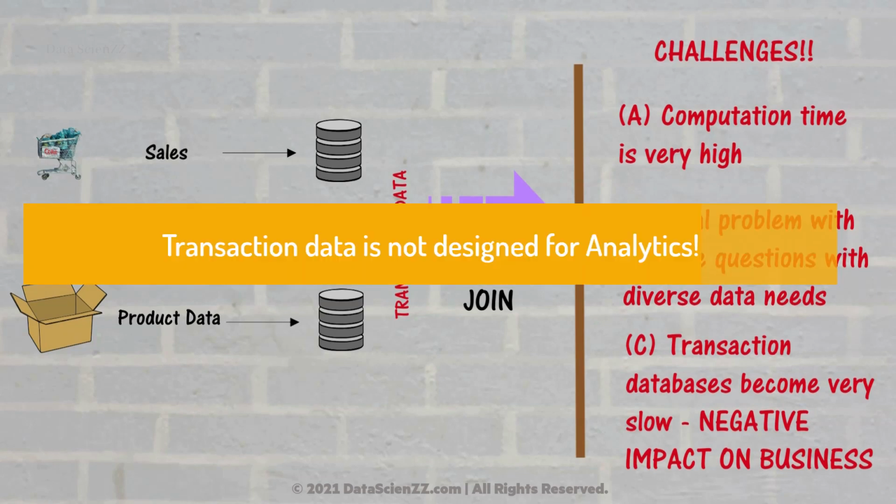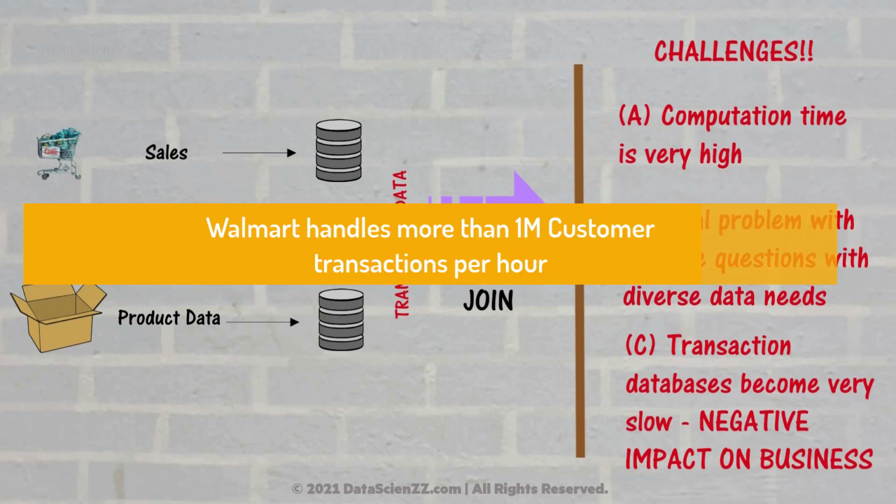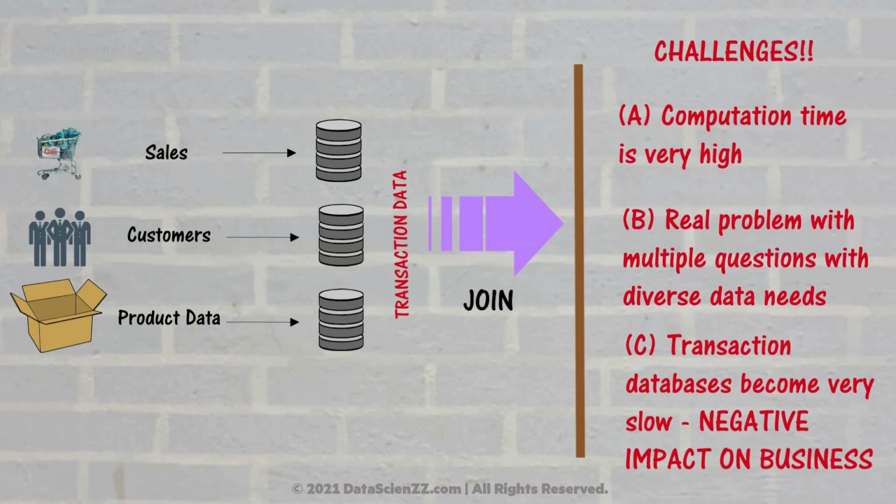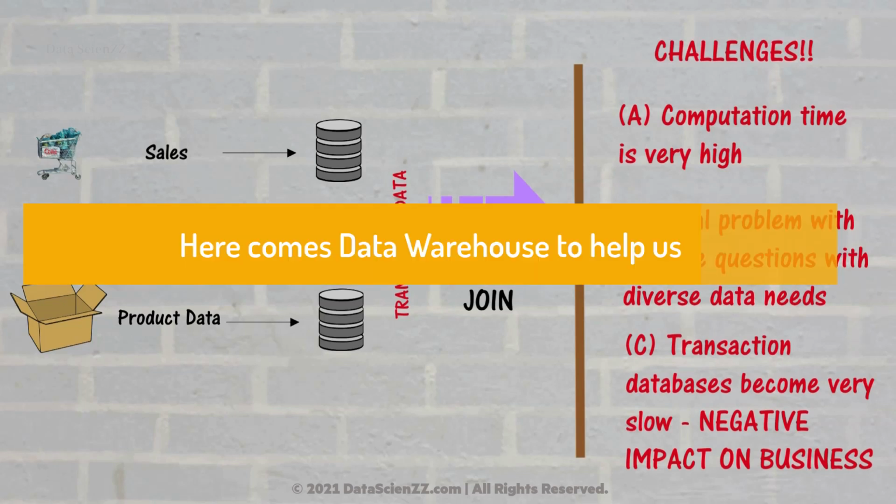After all, transaction data is not designed for analytical purposes. Just to give a sense, Walmart has more than 1 million customer transactions every hour. So, think of the practical challenges of using transaction data for analysis. Hence, it requires thinking of a different strategy.